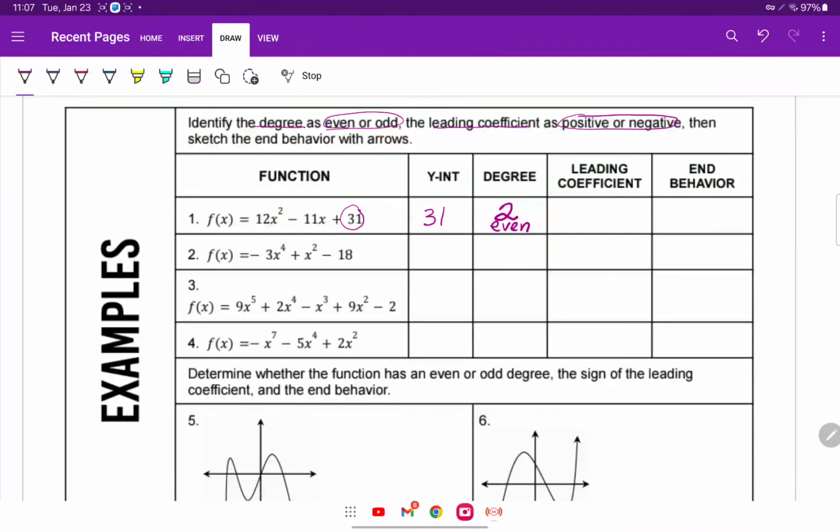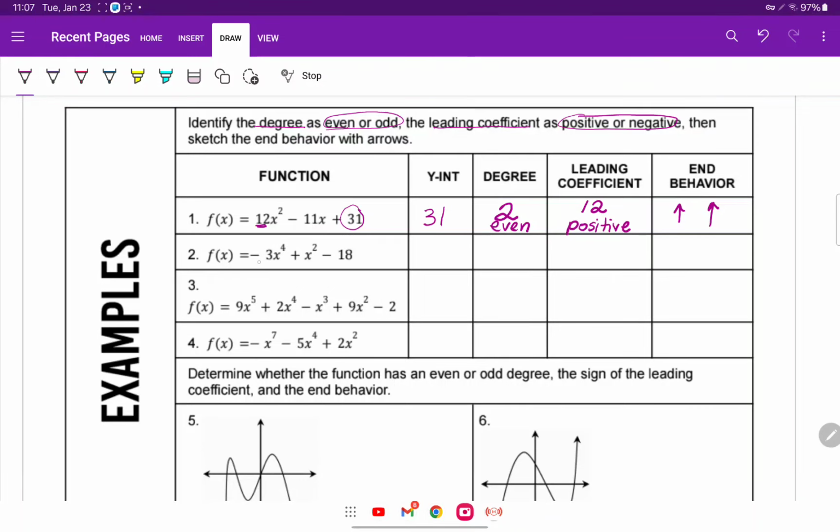The leading coefficient would be this constant or number in front of the x. So my leading coefficient is 12, which means it's positive. So if I have an even degree, that means my end behavior should point the same direction. And if it's positive, that means they both should point up. So here we would say rise, rise. And here for now, we'll just do a quick sketch so that you can see it.